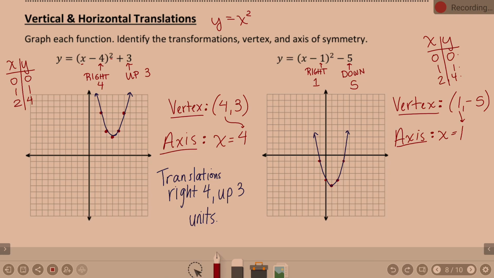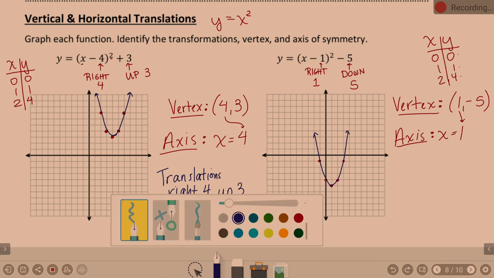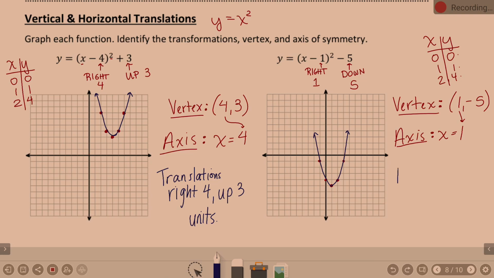And transformations. So these were translations. Translation, right 1, down 5 units.